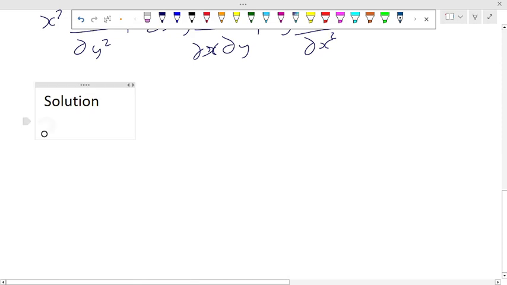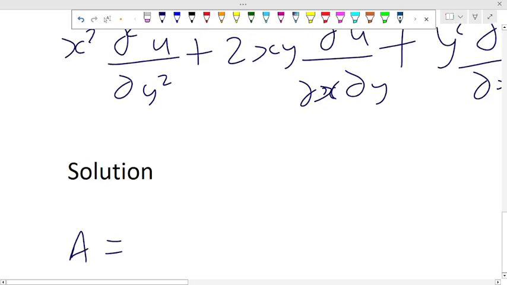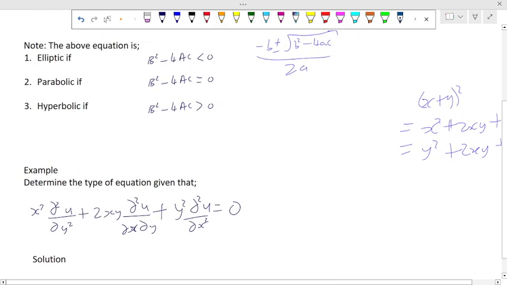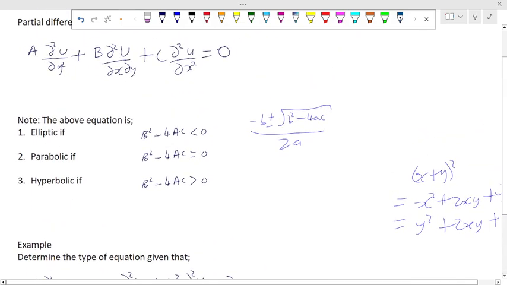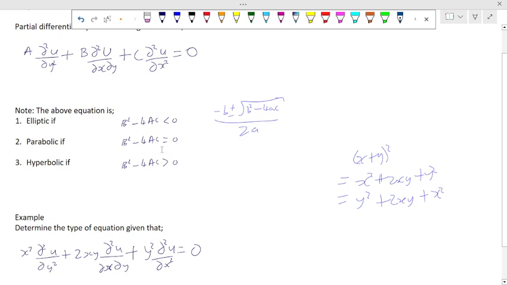The first thing to do is to identify what a, b and c are, and then plug them into the condition. So we compare it with the general equation here.